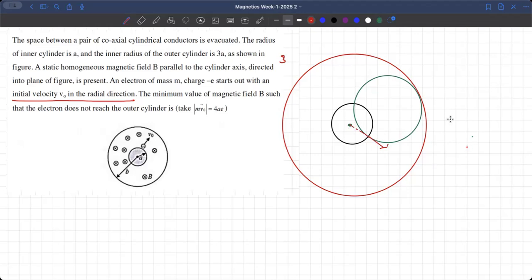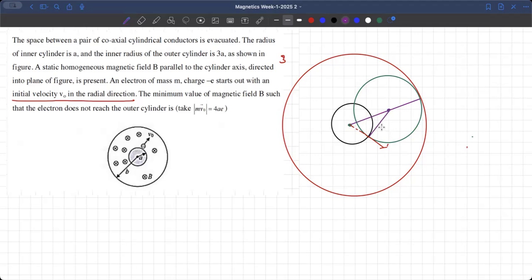But the track of this, if it follows a path like this, then you are safe. For this purpose, remember, somewhere here will be the center of the circle.